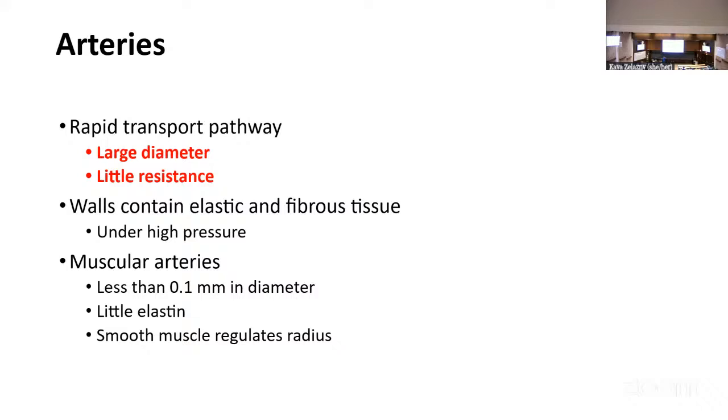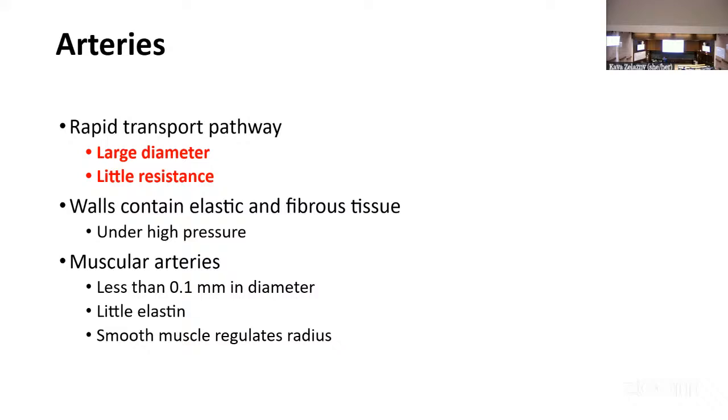Because we want to get this blood rapidly to the different organ systems, we're going to have these big old arteries, big radius, big diameter, which means that they have low resistance, right? Blood flows through them like a fire hose. This is why you don't want to nick an artery if you're doing surgery or if you're in an accident, right? We've got this blood rushing through.